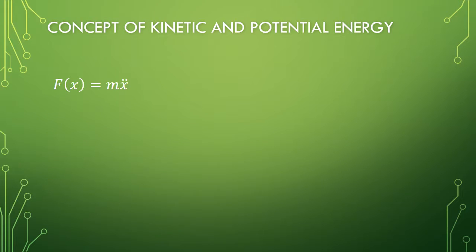All right, so we're going to start off right here where we get some force that's a function of x is equal to its mass times the second derivative of the position. And if we do that, we can rewrite the second derivative of position as the first derivative of the velocity.